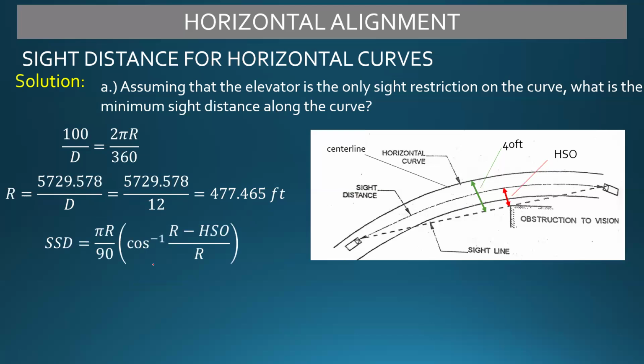Then solving for our stopping sight distance using this formula, the formula we used earlier, substituting R and substituting the given HSO.